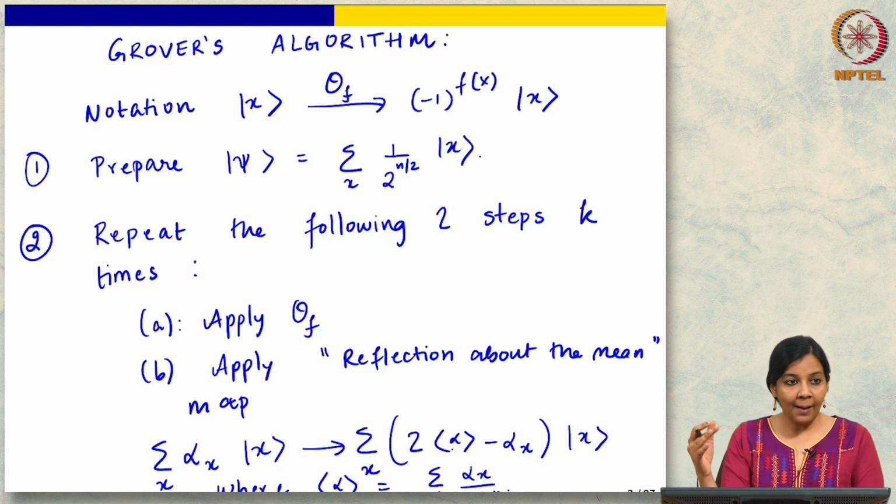So, I sum all the amplitudes and I divide it by 2 to the n.